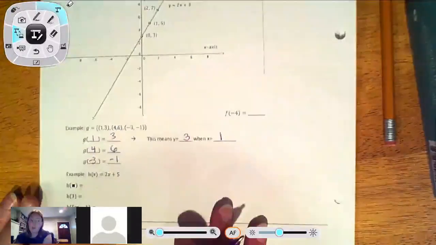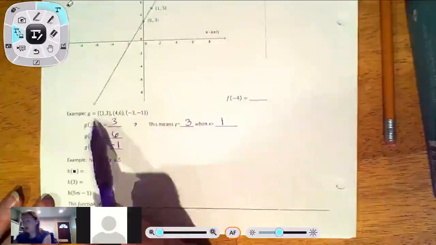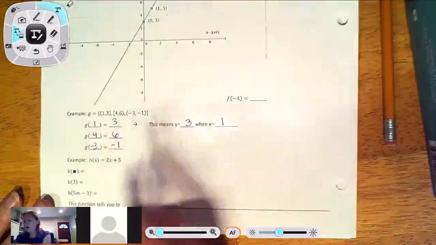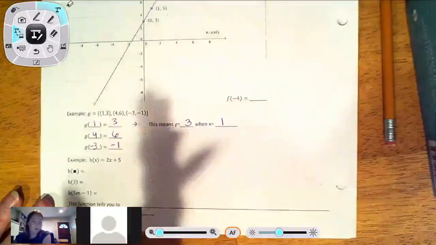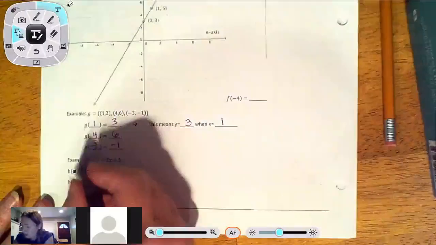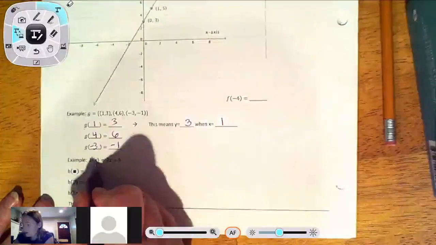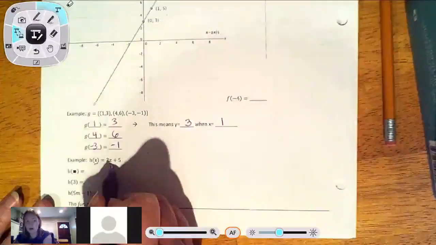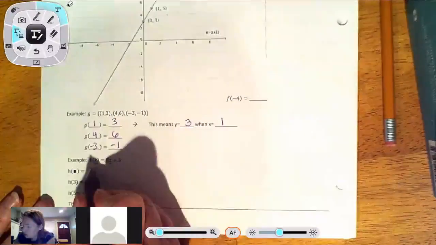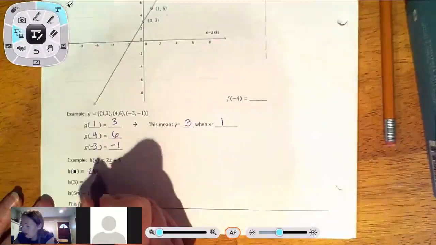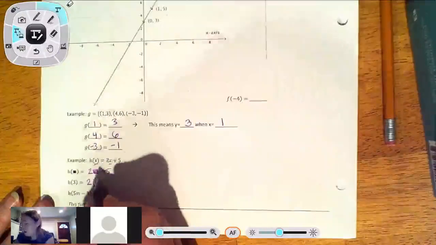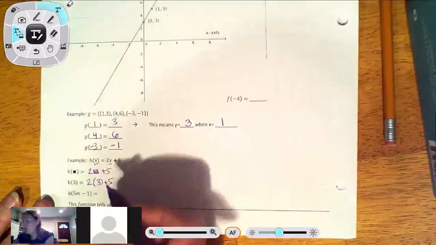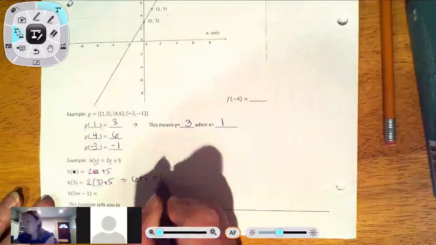So besides putting in numbers and looking at it as an ordered pair, you could also have it as an equation. So h of this black square there, that's your input. It's a placeholder for your x. So see how there's the x here and the x here? Whatever's here goes there. So in this case, it's going to be 2 times this black square plus 5. For this one, 2 times the 3 plus 5, which you can then simplify further.